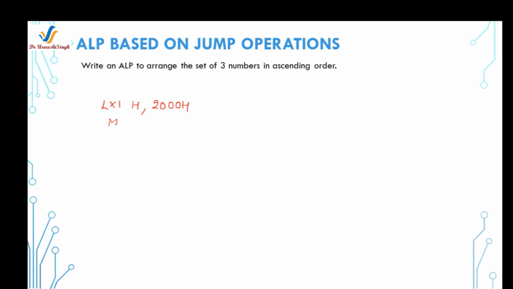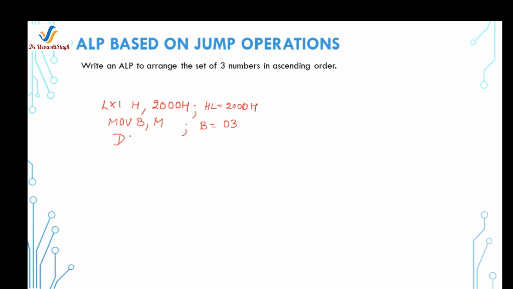And I will copy this number into register B, and by using these instructions HL will be loaded with the 2000 hex memory location, and register B will be loaded with 03. This is the size of the set of data.